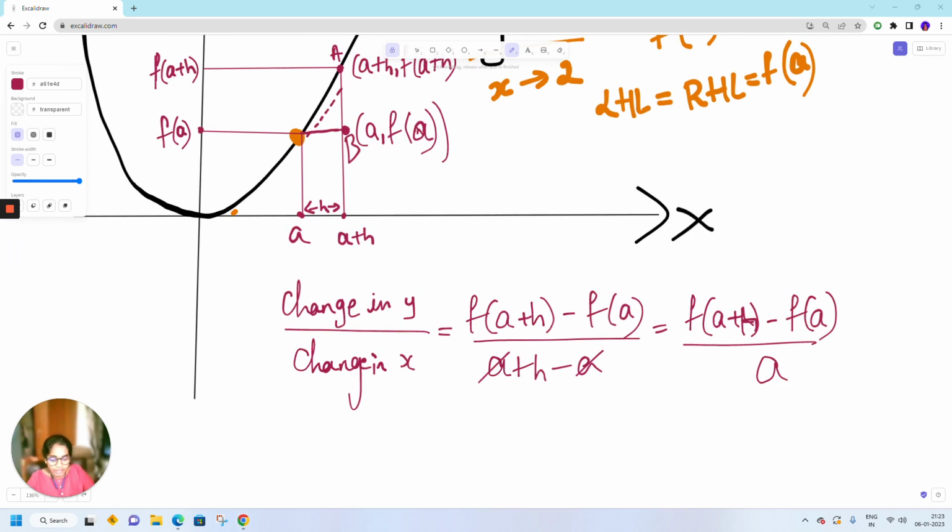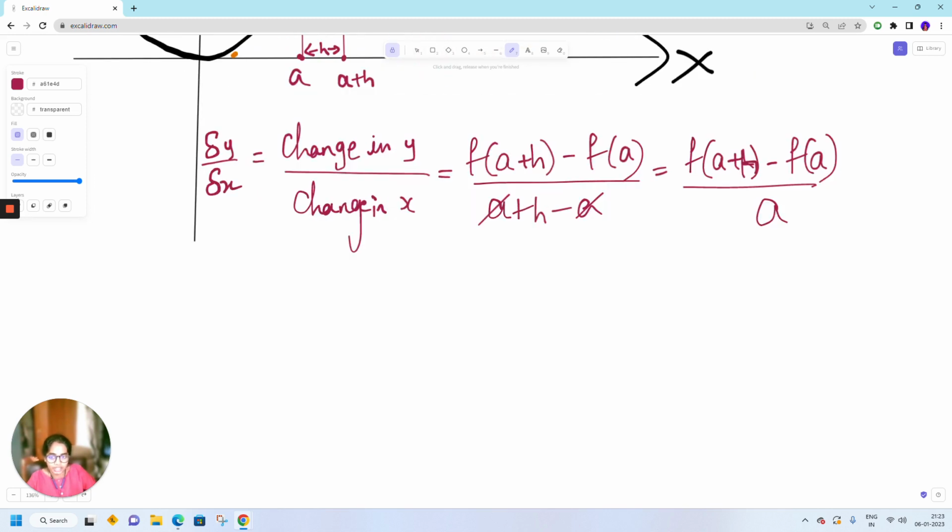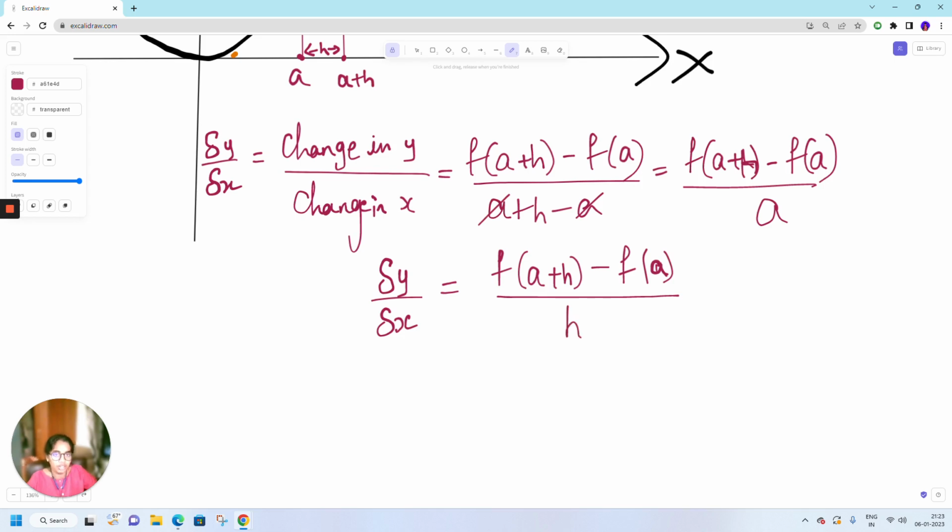This is my del y divided by del x, the change in y, which I am representing as del, divided by del x, the change in x. So the final formula that I arrived at is del y by del x is equal to f of a plus h minus f of a, divided by h.